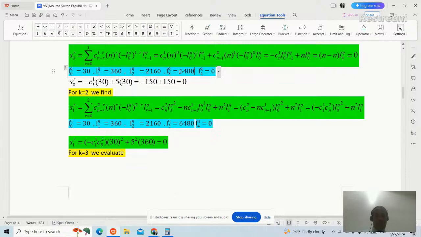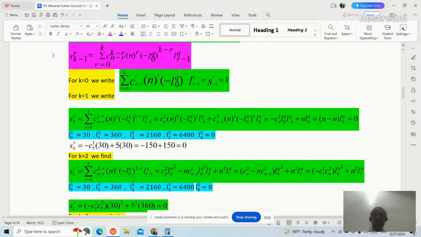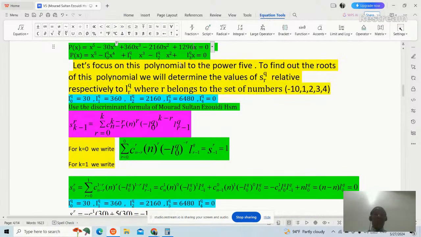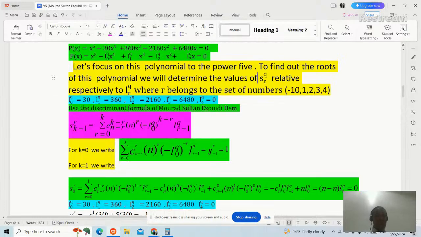And this method is very important, a very intelligent method of Mourad Sultan Ezouidi. Please, boys, I have work here. Please, Ayub, my son, don't make noise. I'm working now. And this one, learners, is 6,480. Now these are the solutions.